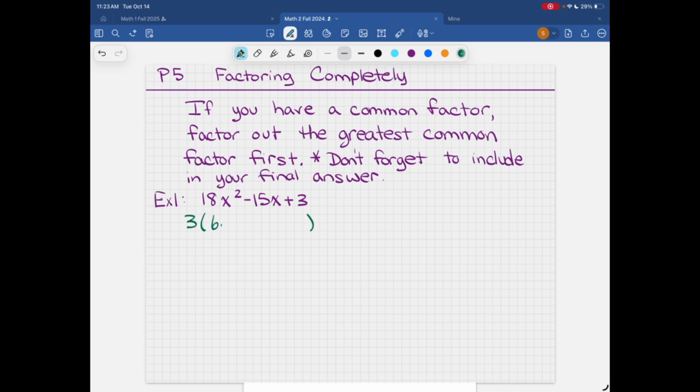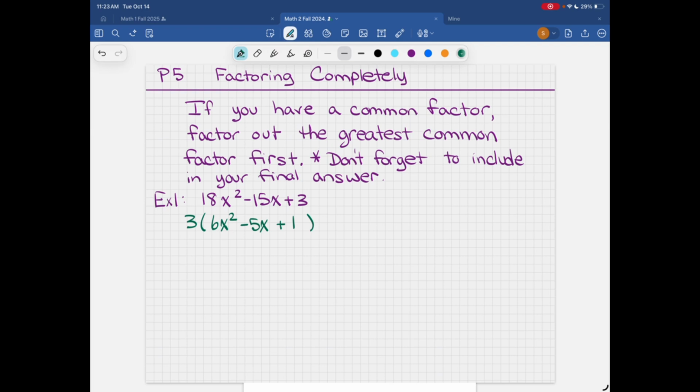That is 6. So you have 6x squared. 3 times what number is negative 15? That's negative 5. 3 times what number is 3? That's 1.